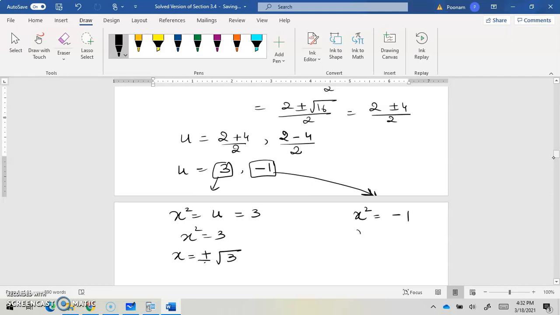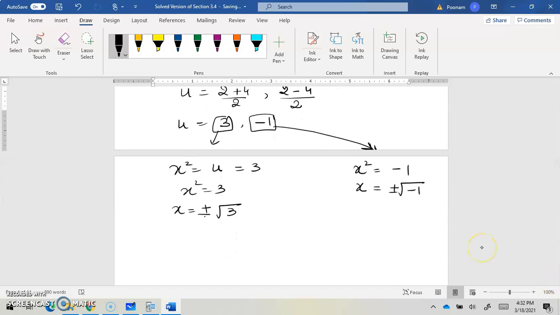If x square is equal to -1, x is equal to plus minus square root of -1. Now, in real numbers, there is no value for square root of -1, but we define complex numbers. Square root of -1 is called iota. So, x is equal to plus minus iota.